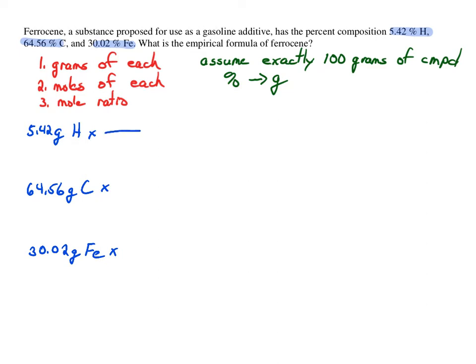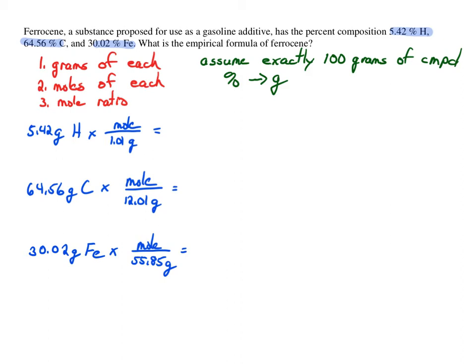So we divide by the atomic weight of each. And in this way we know how many moles of each element we have present.